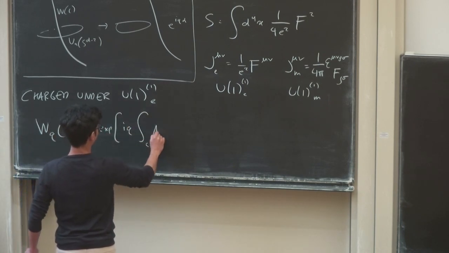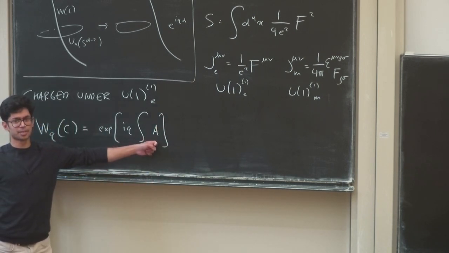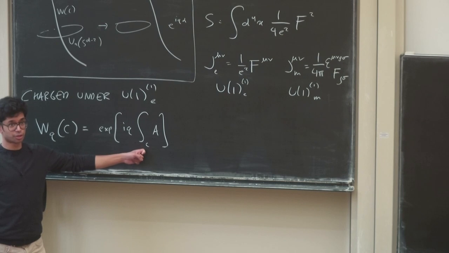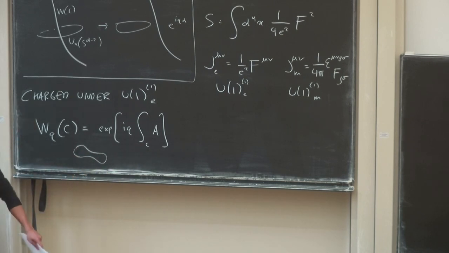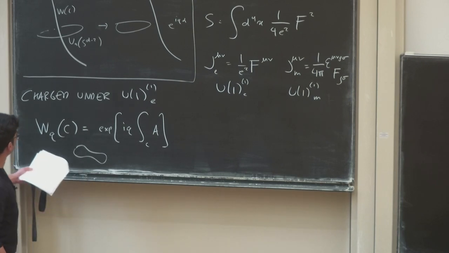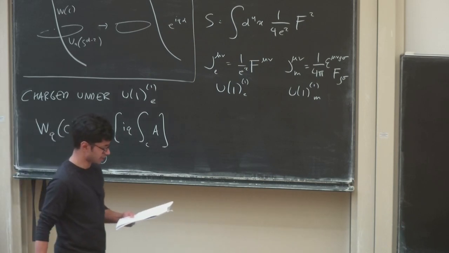You take the normal gauge potential A and integrate it on some closed curve C. This requires that C be closed, or rather not have any endpoints. You integrate it over that, and you get the charged Wilson line.